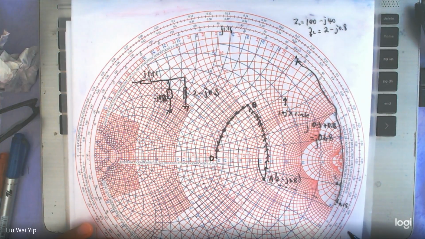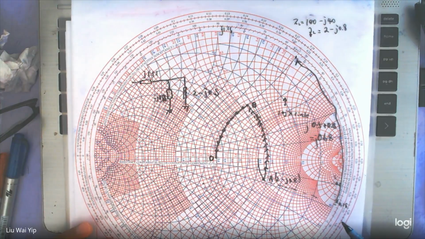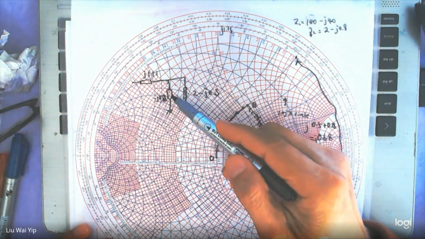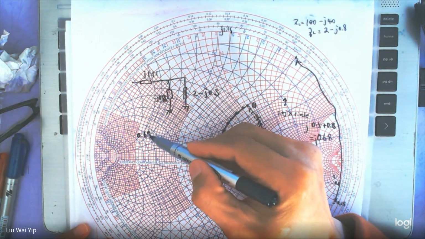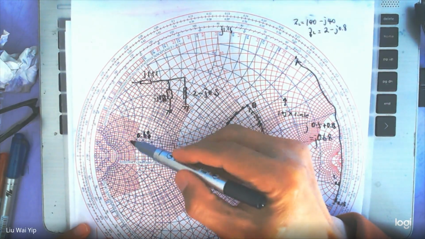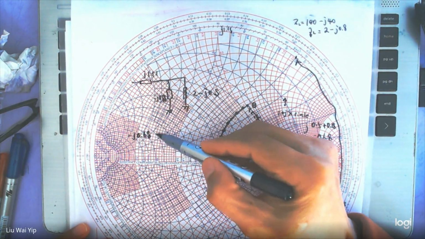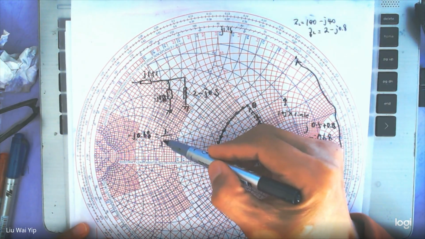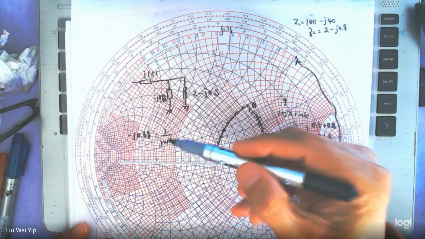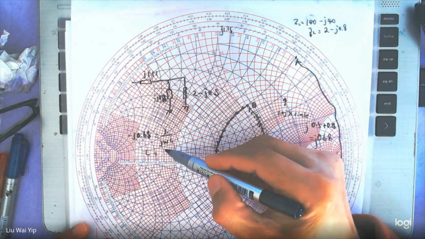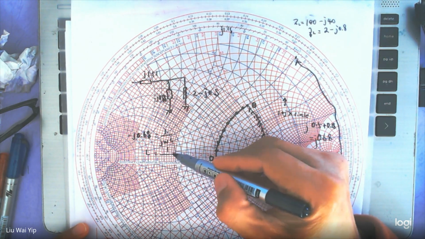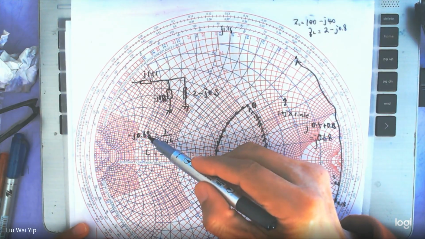But you need to convert it into lumped elements. Remember, the frequency is 1.3 gigahertz. So you need to convert this into an inductor. So 0.68, minus j, equals j omega L. So the amount of inductance that you need is going to be, by the way, you need to denormalize it.